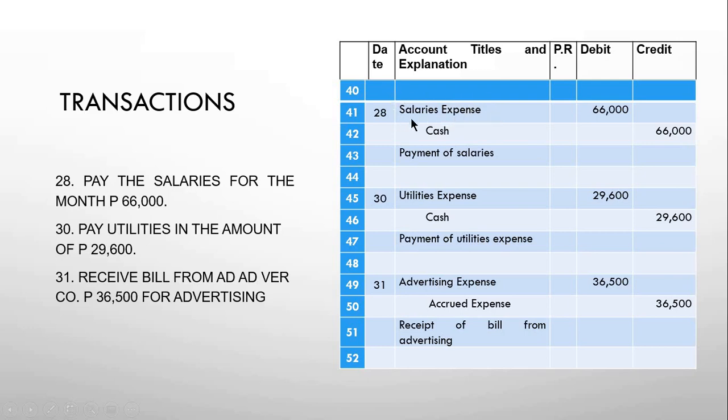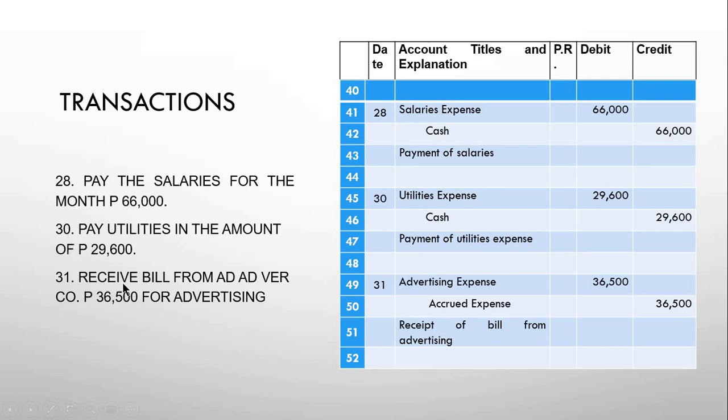So, kasi may na-incur siya na expense during the month, so that's gonna be debit to salaries expense. 66,000. Payment of salaries. On January 30, paid utilities in the amount of 29,600. Another expense. So you debit utilities expense, credit cash for 29,600 for the payment of utilities.